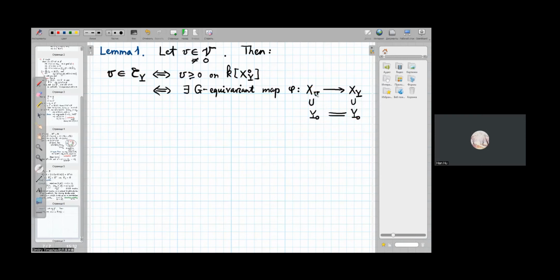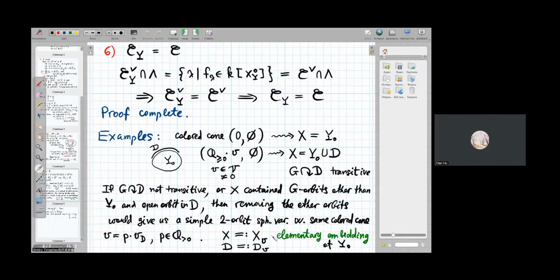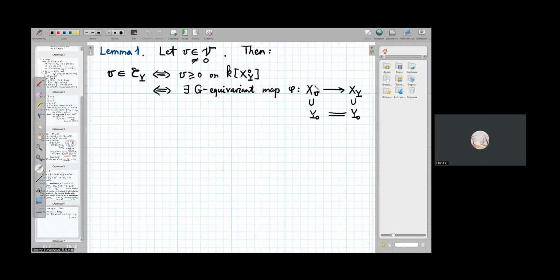So in a sense, you have this map which blows down the divisor D sub V to some orbit sitting in here. And if you know the colored cone of X sub Y, then you know which elementary embeddings map to this simple spherical variety. Okay.